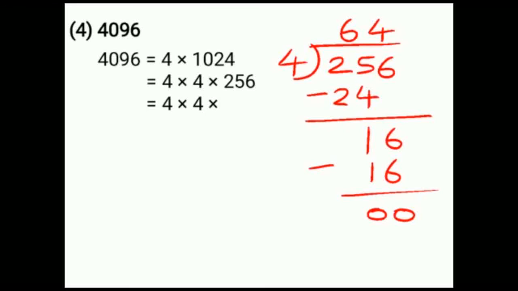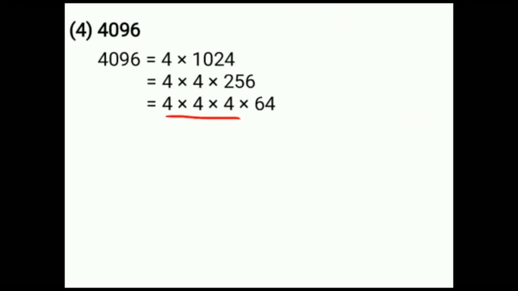When you divide 256 by 4, quotient is getting 64. That is 4 into 64 is 256. So next step will come 4 into 4 into 4 into 64. Now this 4 into 4 into 4 write as it is, and then again you have to divide 64 by 4.